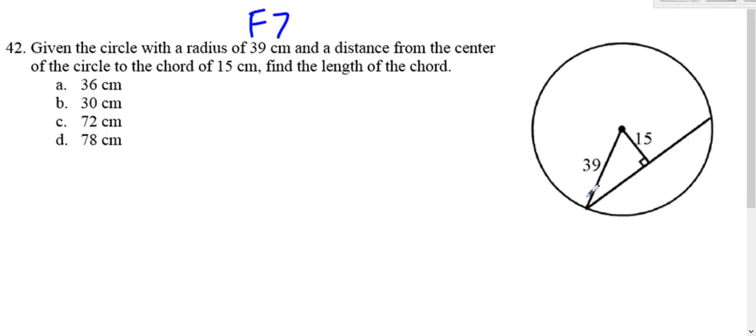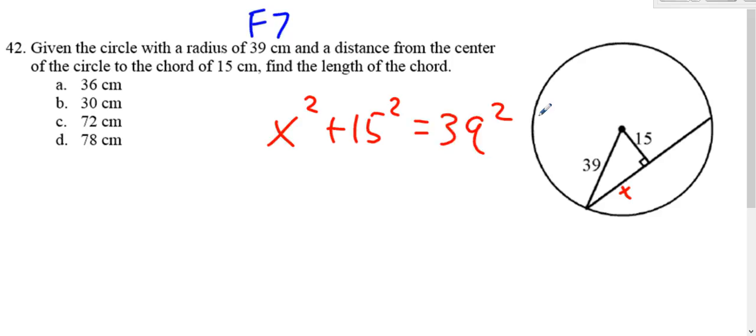Here we have a circle with a radius of 39, and the distance from the center to the chord is 15. Find the length of the chord. First we can use the Pythagorean Theorem to figure out what this side is. x squared plus 15 squared equals 39 squared.